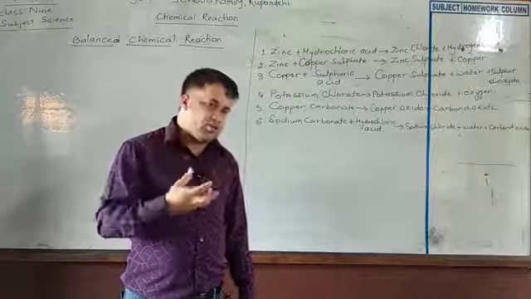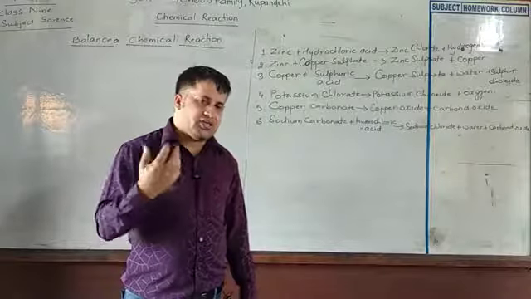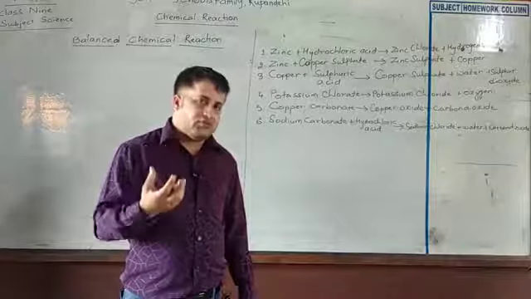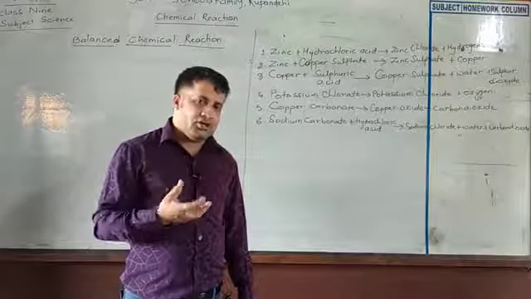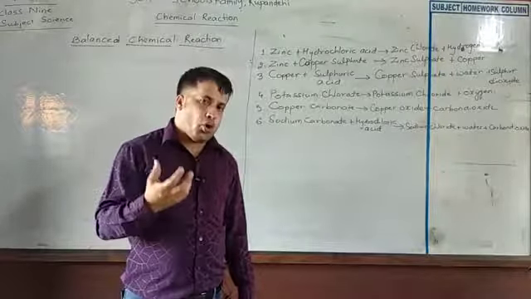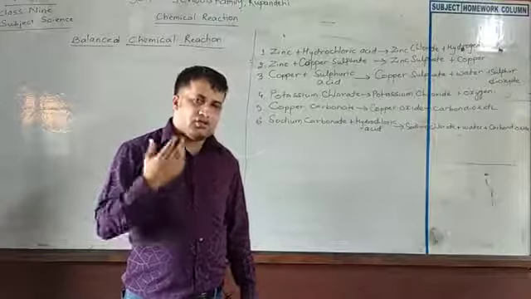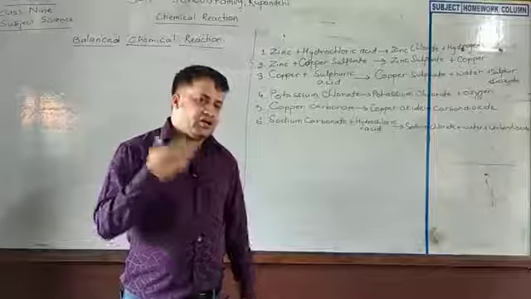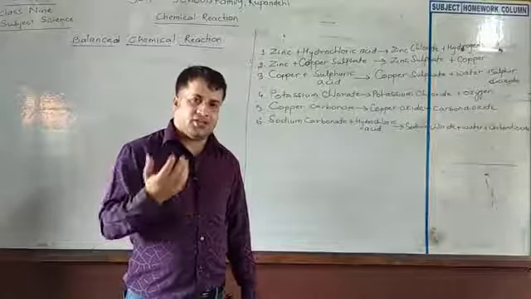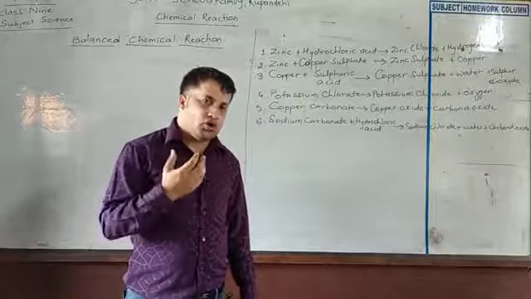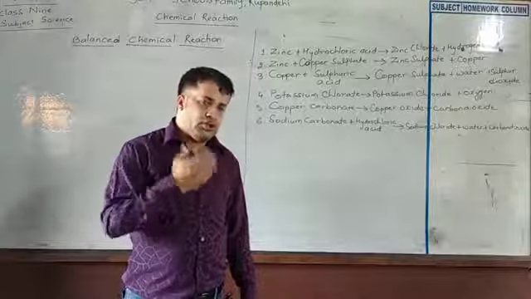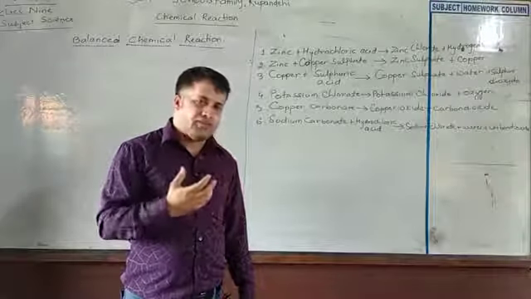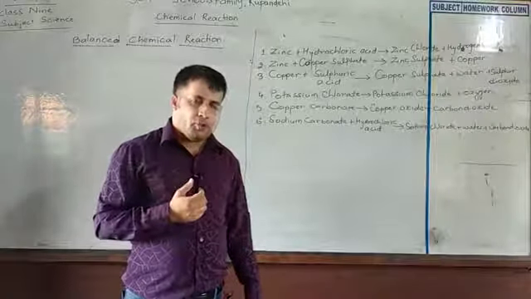And if that word equation is expressed in terms of molecular formula or symbols, then it is also known as the formula equation. Now what we have to do is that the number of atoms present in the reactant side should always be equal to the number of atoms present in the product side.